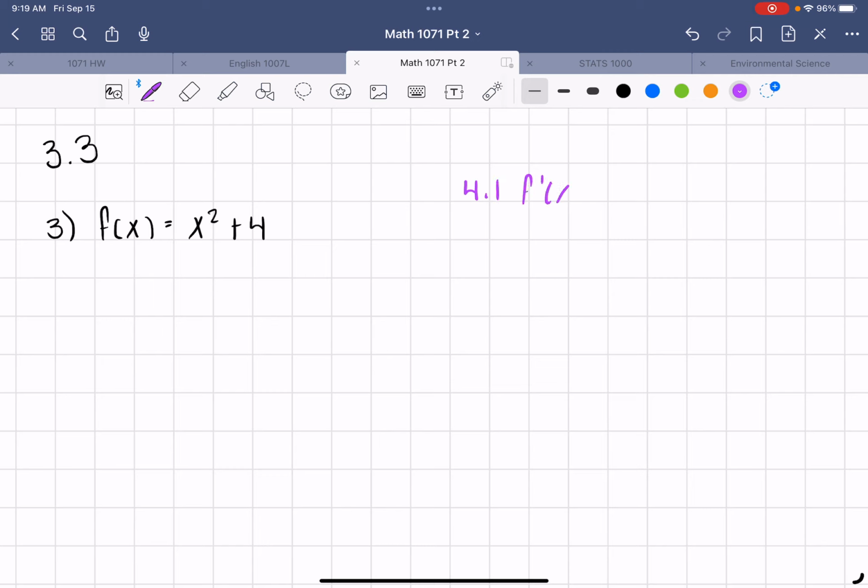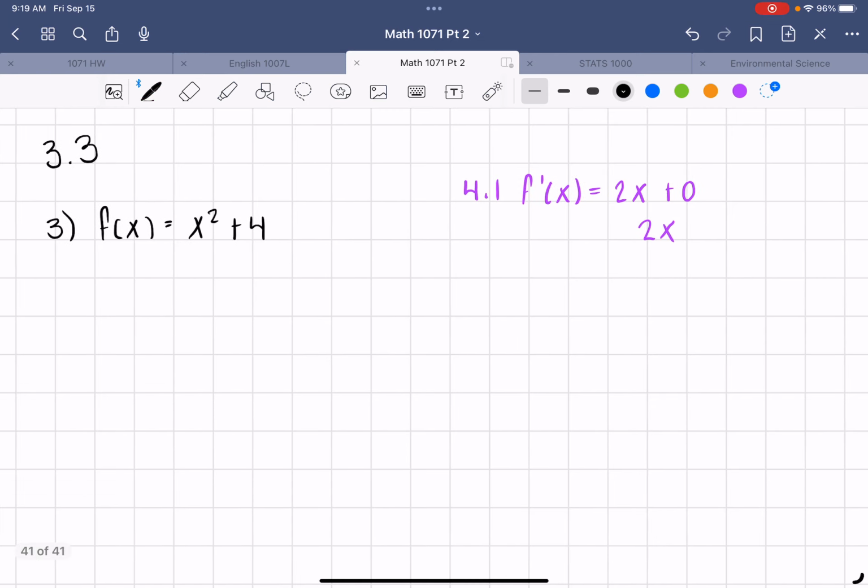X squared has its derivative 2x, and 4 is just a constant, its derivative is 0. But we want to use the limit definition.